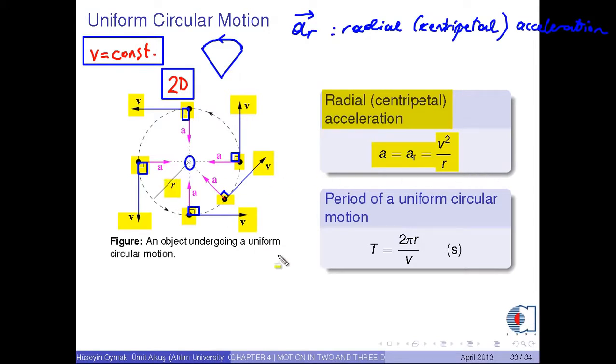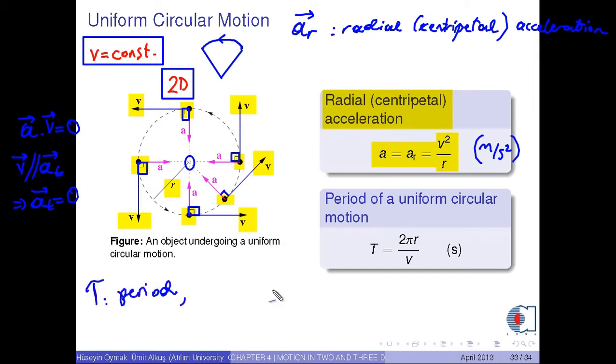You can easily verify that this expression has the correct unit of acceleration, meter per second squared. If the object's path is a complete circle, its acceleration vector has no component along its velocity vector. That is, there is no tangential acceleration, namely a_t = 0.